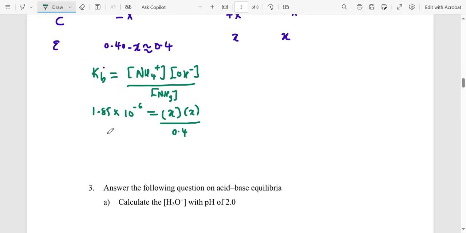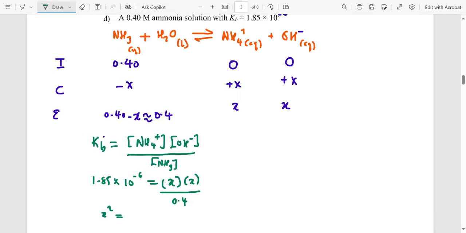X times x is x squared, and this is going to be equal to, in the denominator we have got 0.4. This 0.4 is going to multiply with 1.85 times 10 to the power negative 6. Actually, it's supposed to be 1.8 times 10 to the power negative 5. I didn't write this well.